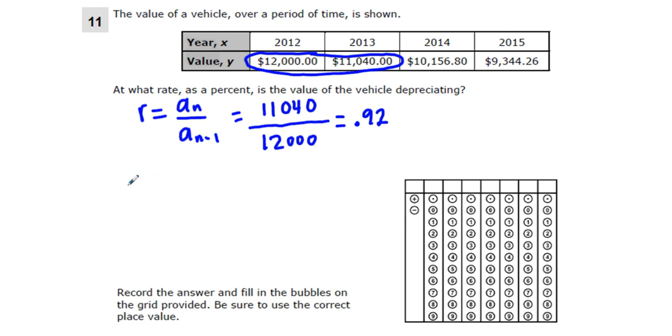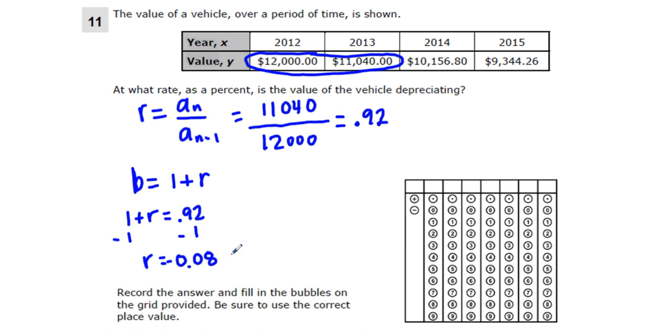But when you're talking about exponential functions, the base of an exponential function is equal to 1 plus your rate. So in this case, 1 plus r is equal to 0.92. If you subtract 1 from both sides, you get r is equal to 0.08. Actually, it's negative 0.08.